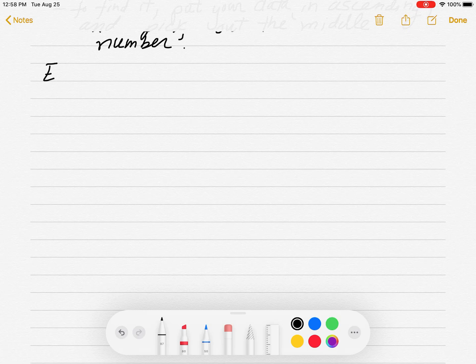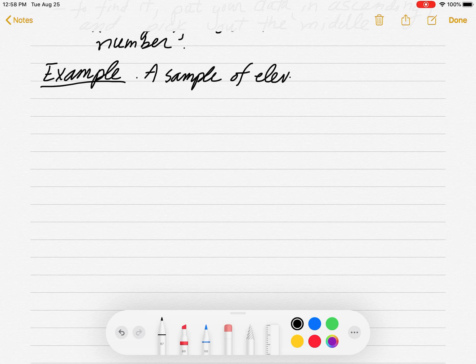Example: A sample of 11 basketball players is selected.